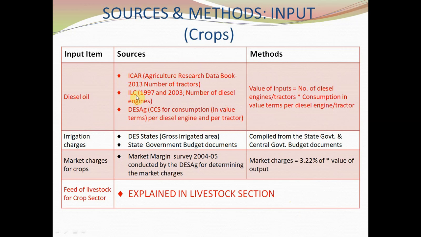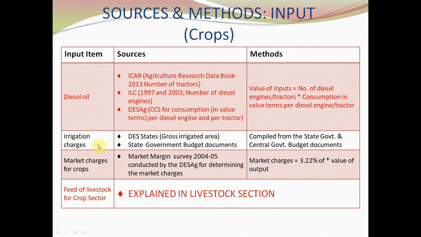Indian Livestock Census 1997 and 2003 are used for number of diesel engines, and DES Ministry of Agriculture CCS cost of cultivation studies is used for consumption in value terms per diesel engine and per tractor. So value of input will be calculated by using number of diesel engines or tractors multiplied by consumption in value terms per diesel engine or per tractor.